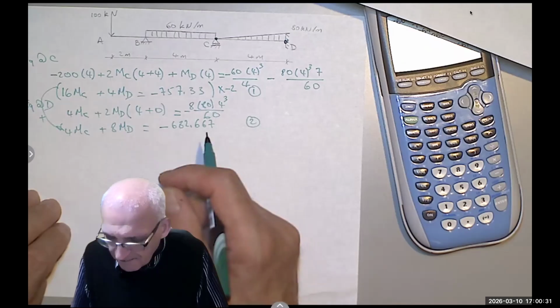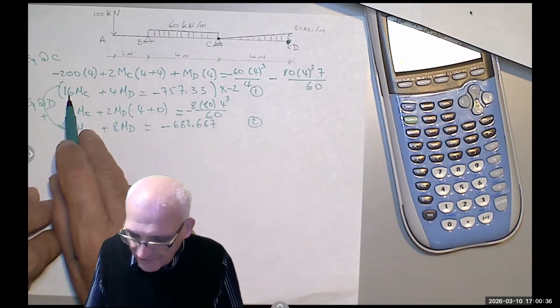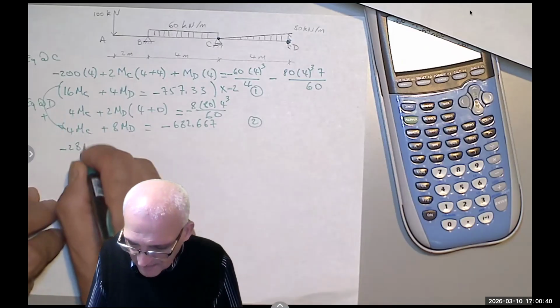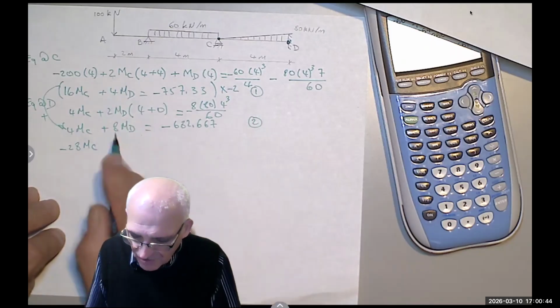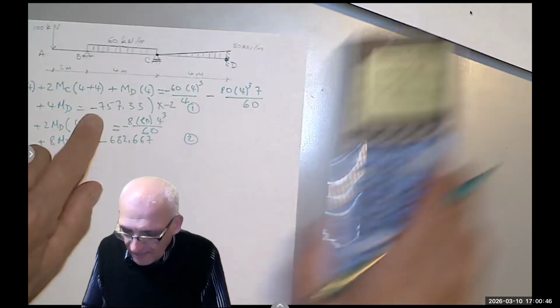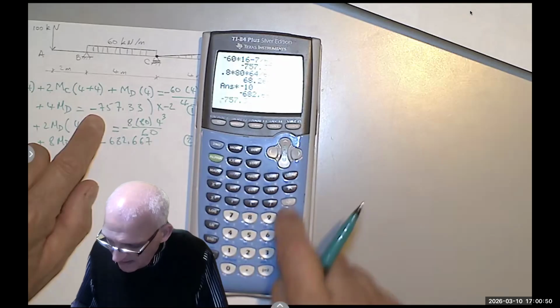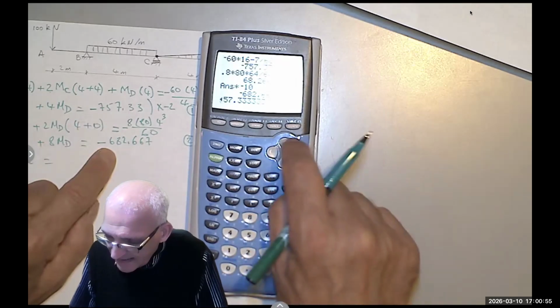It's the same thing. So when you multiply that by -2, you get -32 MC plus 4 is -28 MC. -2 times 4 is -8 plus 8 is 0, equals, I'm going to multiply that by -2 and then add that.